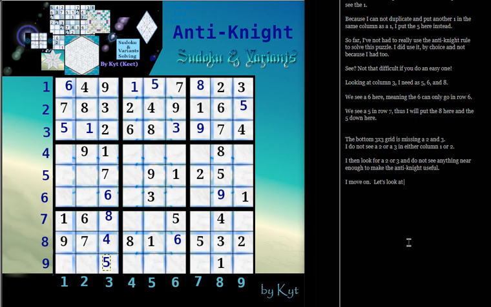Let's look at column 7 through 9, rows 4 through 6. I need a 3, 4, 6, 7.